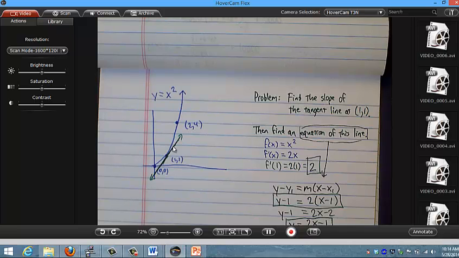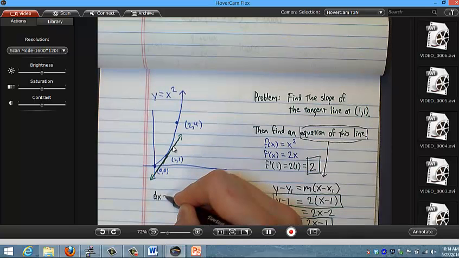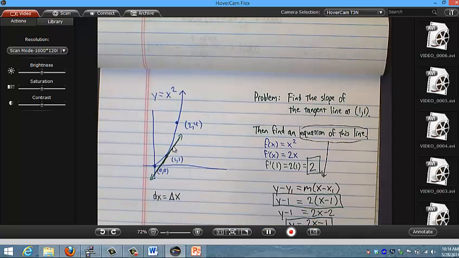Now, when I say delta x, remember what I said? I said dx equals delta x. In my example here, let's suppose we're going to move from the point (1, 1) to the point (2, 4).